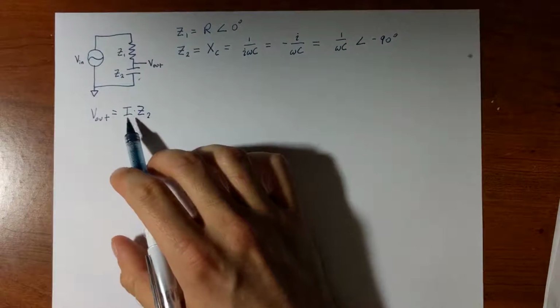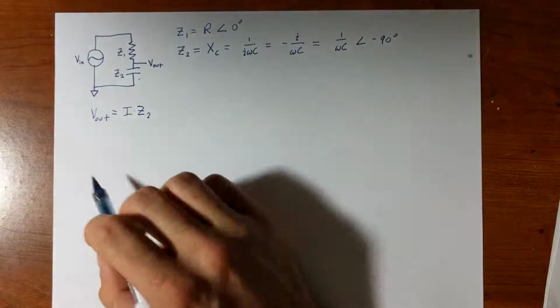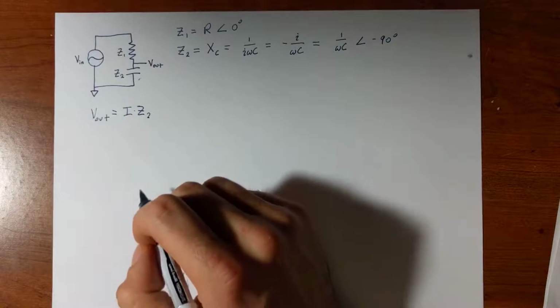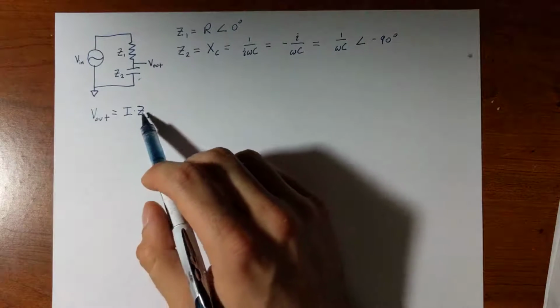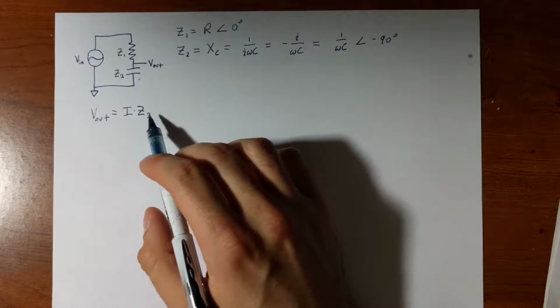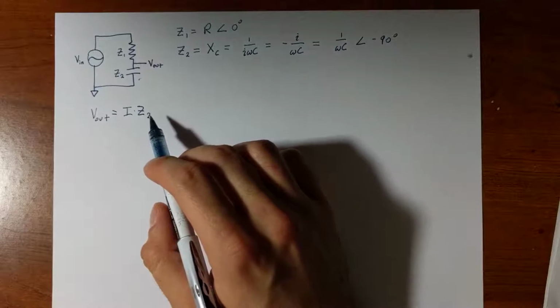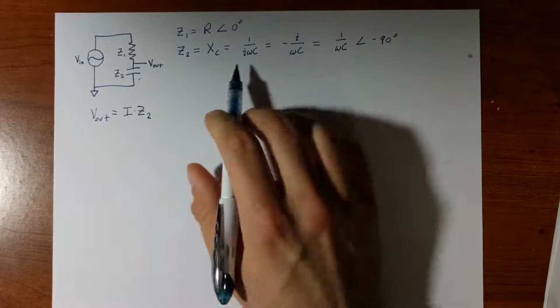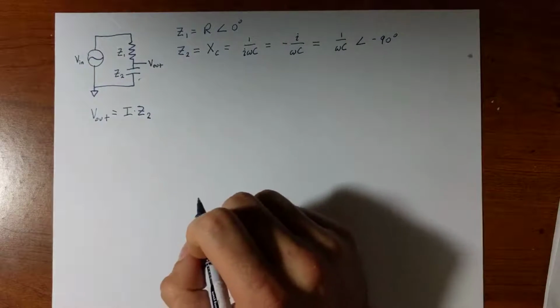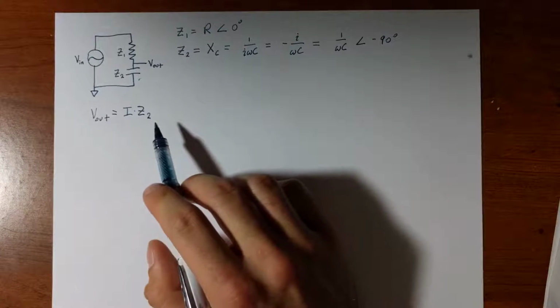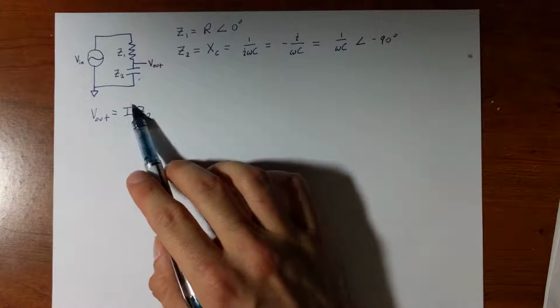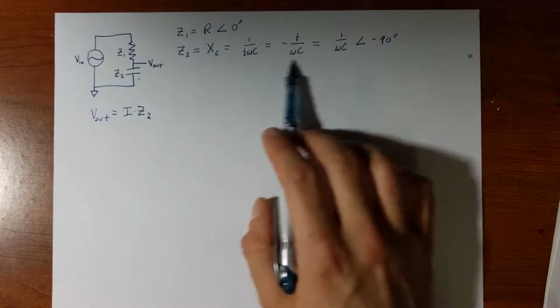Well, now this current is a function of time, and this voltage is a function of time. And this impedance now has this complex component to it. So the first thing we're going to need to do is figure out I, because we already know what Z2 is from up here.